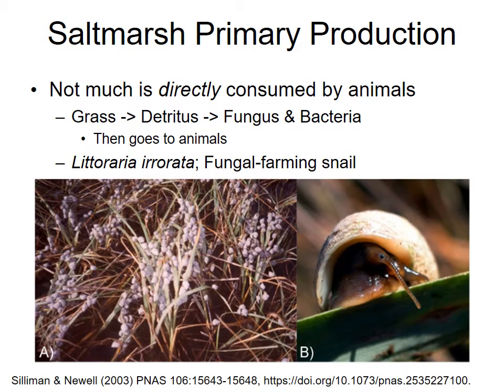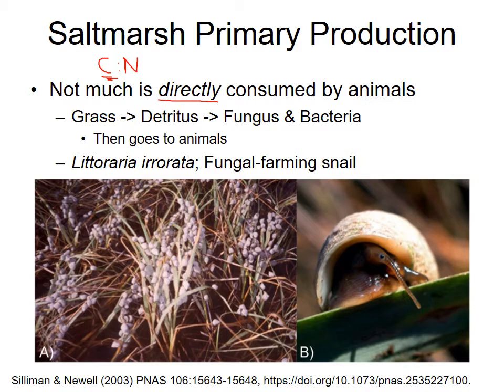So salt marshes have really high carbon to nitrogen ratios, even higher than seagrass beds. So not much of the salt marsh grass is eaten directly by animals. It's just not that nutritious. If you've ever tried to eat nothing but celery, it's no fun, and salt marshes are kind of like that.